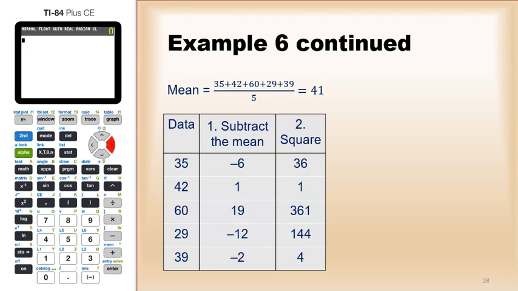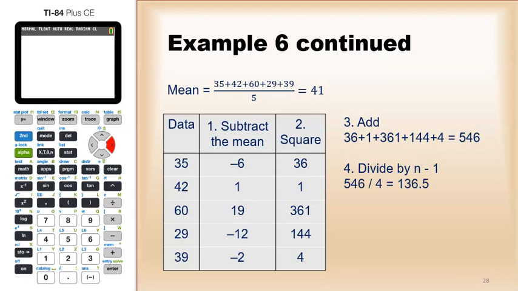If you square them, then that's going to get rid of all the negative signs. So -6 times -6 is positive 36. 1 squared is 1. 19 squared is 361. -12 squared is 144. -2 squared is 4. So here are the squared deviations. I add them up, and I get 546. And then since I had 5 numbers, I'm going to divide by 4.